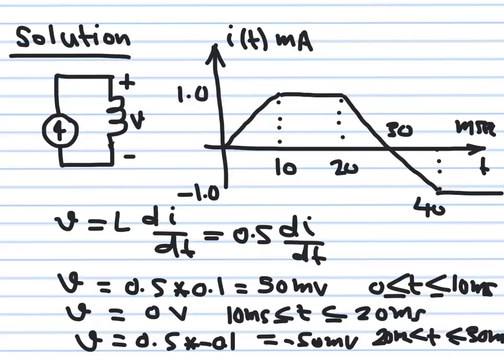So in this part, the voltage is 0.5 multiplied by -0.1, which is -0.05 volts, or -50 millivolts. This is between 20 and 30, and it actually continues between 30 and 40, since you have the same slope. I marked it here at 30, but effectively this slope continues to 40, so I may as well write this one between 20 and 40.